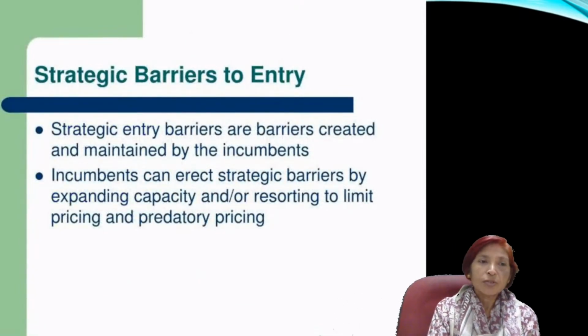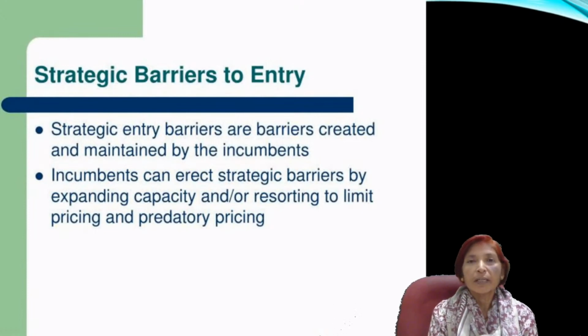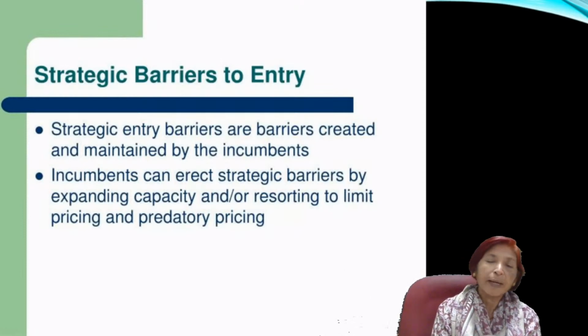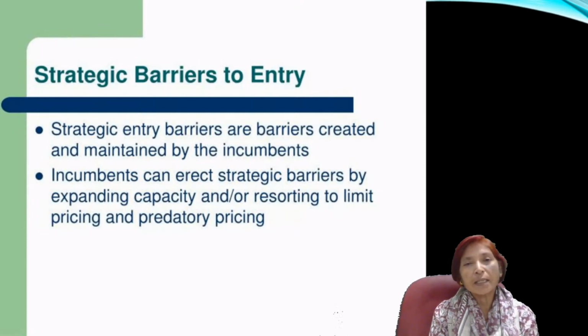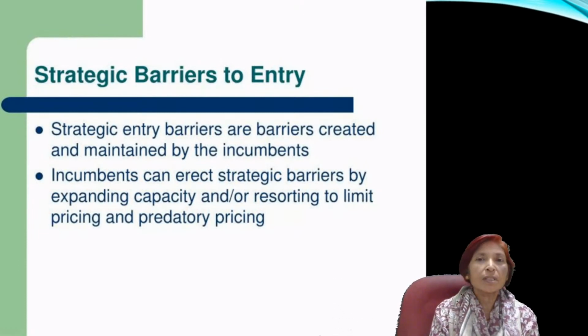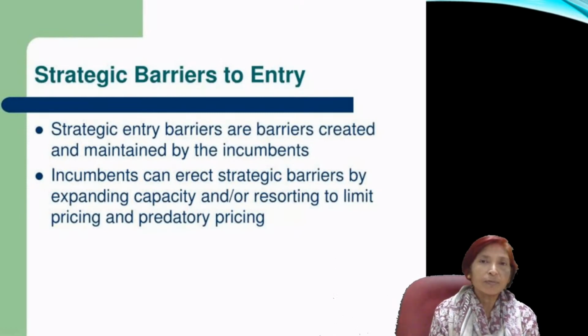Next is strategic barriers to entry. Strategic entry barriers are those barriers which are created and maintained by the incumbents. Incumbents can erect strategic barriers by expanding capacity and or resorting to limit pricing and predatory pricing. Predatory pricing is a very low price, because in an oligopoly market, a few sellers always use a price leadership model to determine the price of the product.